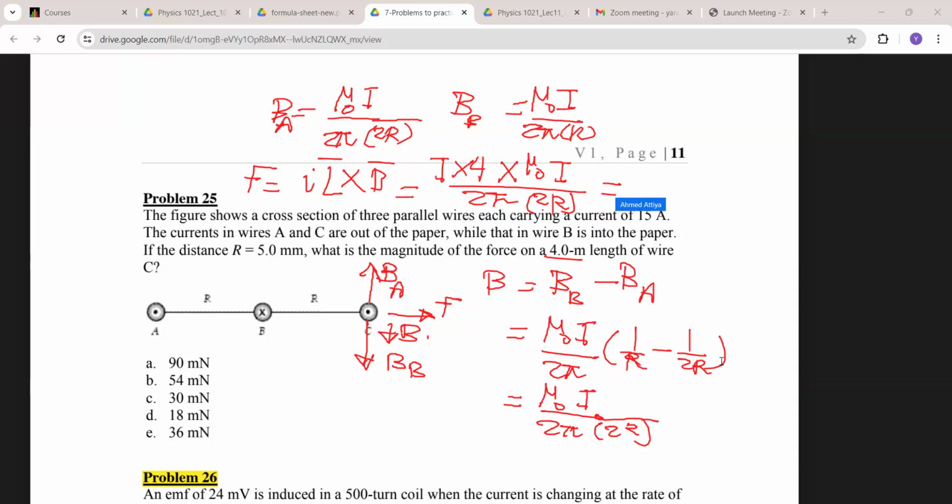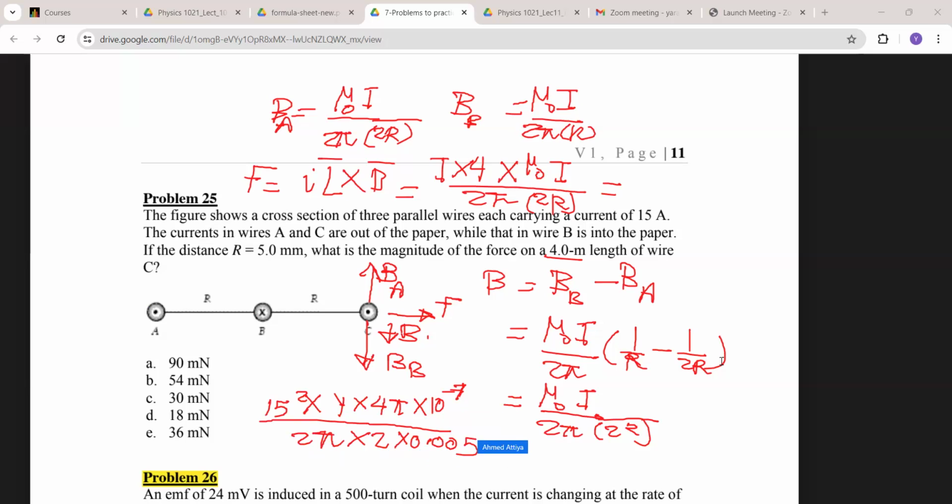Now, let us calculate this. The value of I is 15, so 15 multiplied by 15, 15 squared, multiplied by 4, multiplied by 4 pi, 10 to the power minus 7, over 4 pi, multiplied by R. What is the value of R? 5 millimeter, 0.005.